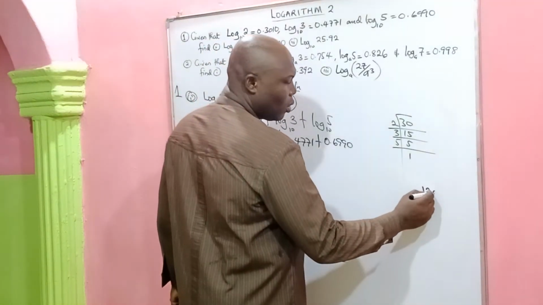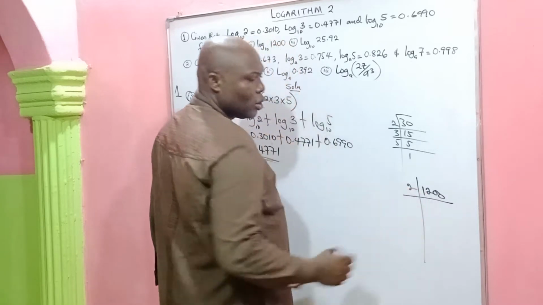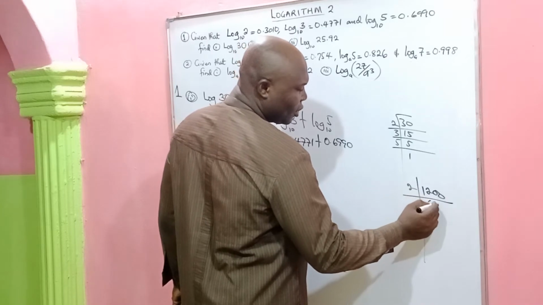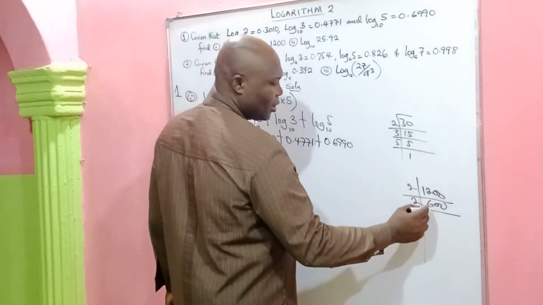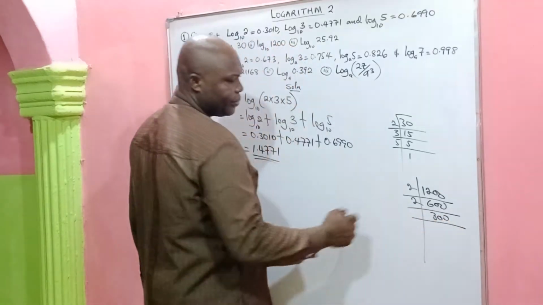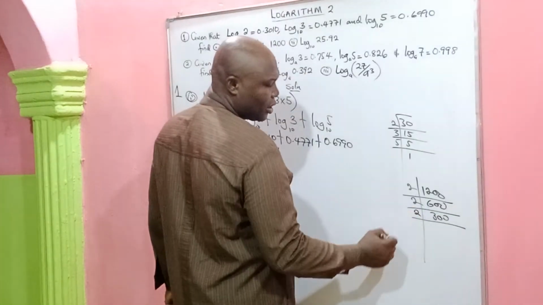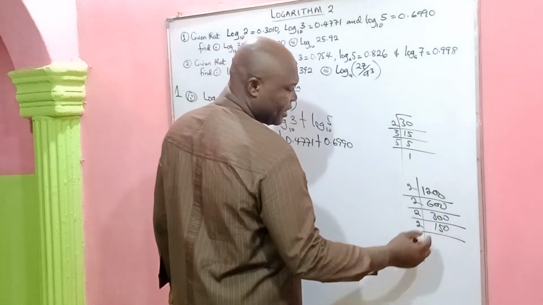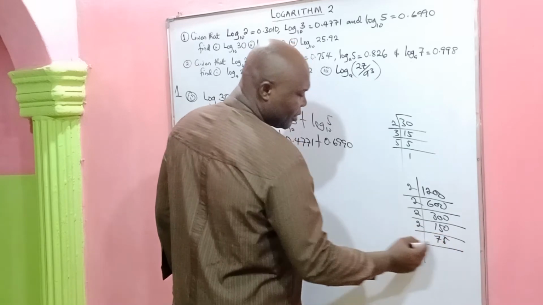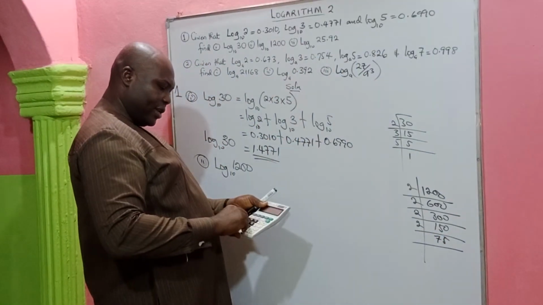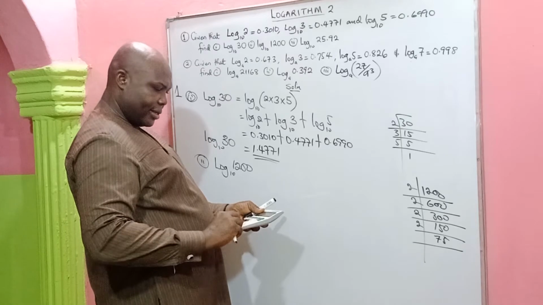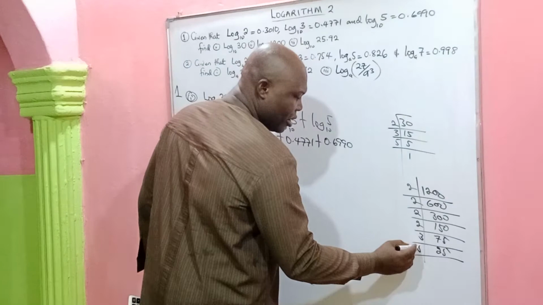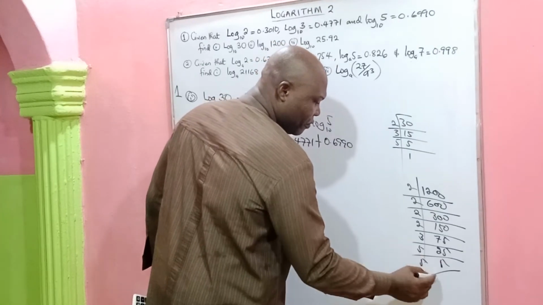So let's see, 2 goes into 1200, 2 times 12, that's 600. 2 goes into 600, that will be 300. 2 into 300 gives 150. 2 into 150 is 75. 3 goes into 75, that's 25, 5 into 25 is 5, and 5 into 5 is 1.